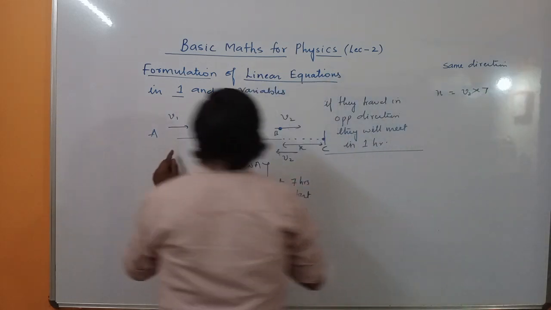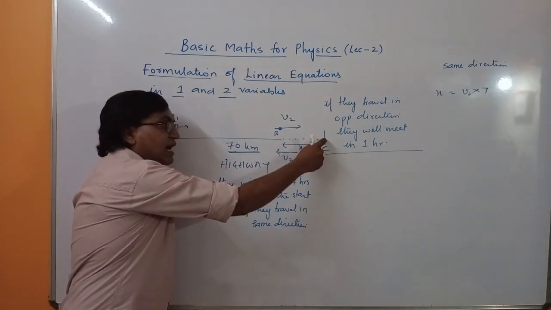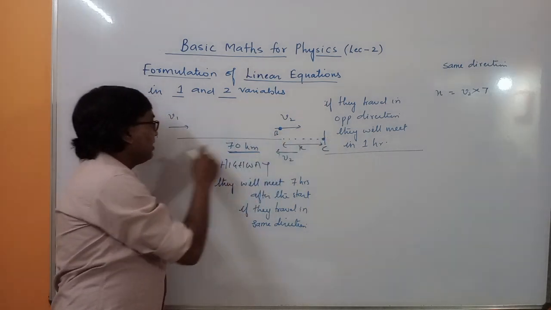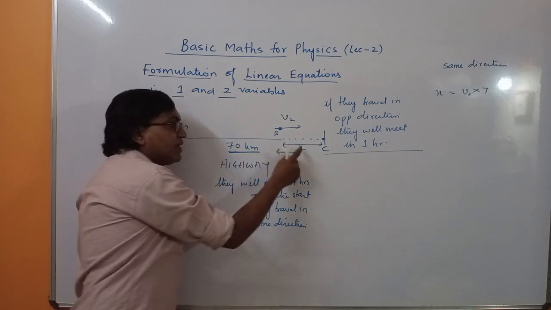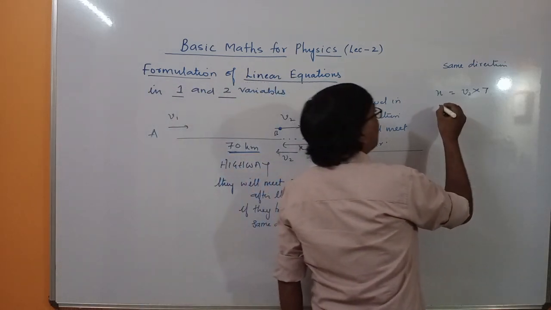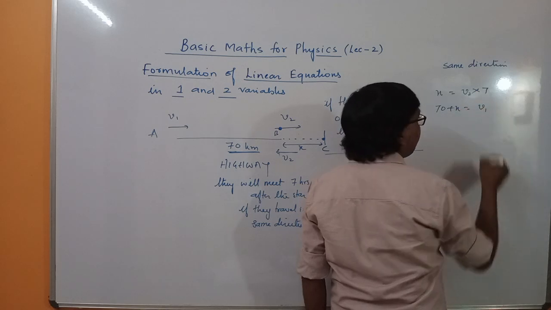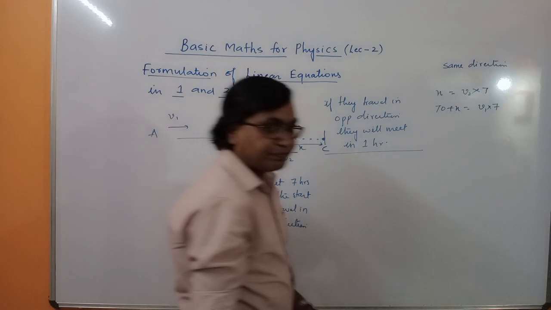Then similarly, car A will meet car B at point C. In 7 hours this car will travel a distance of 70 plus x, so 70 plus x with velocity v1 for 7 hours.